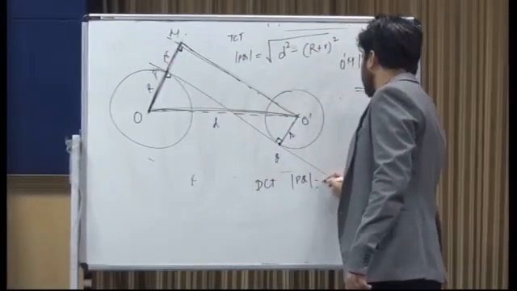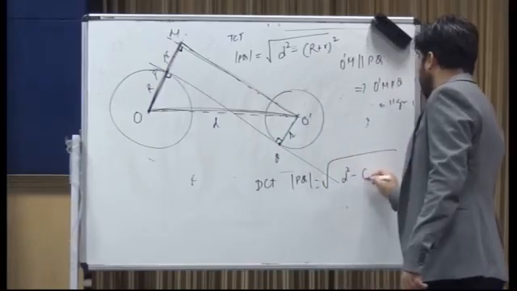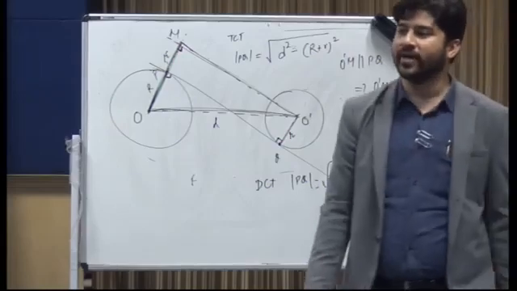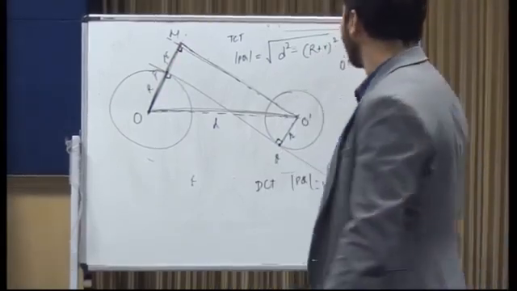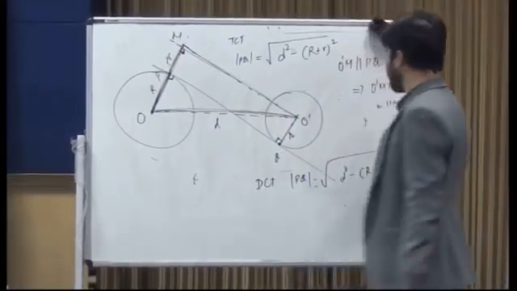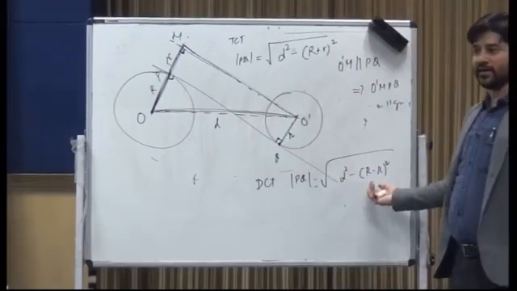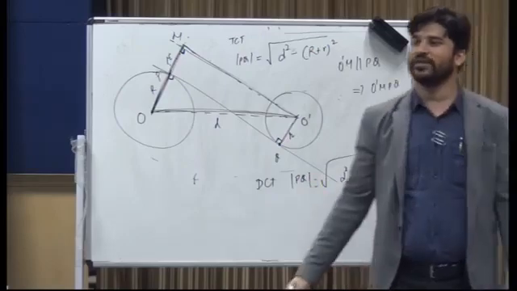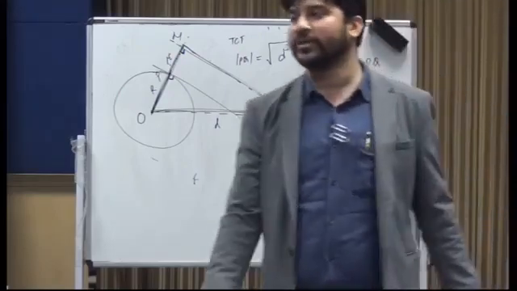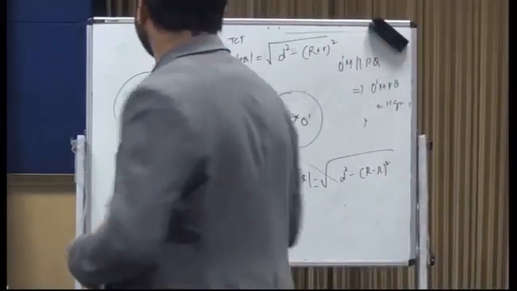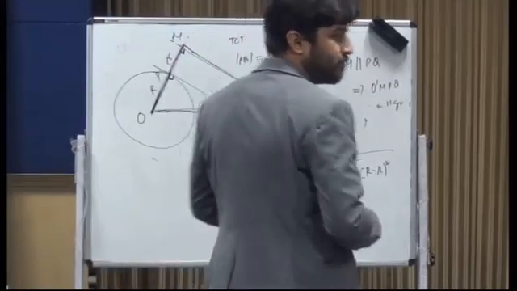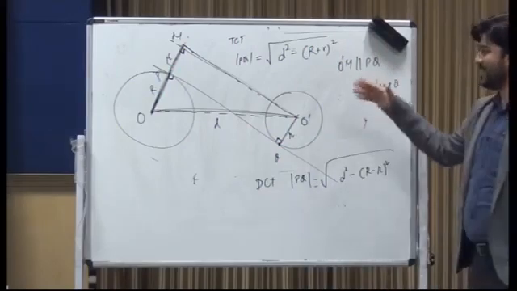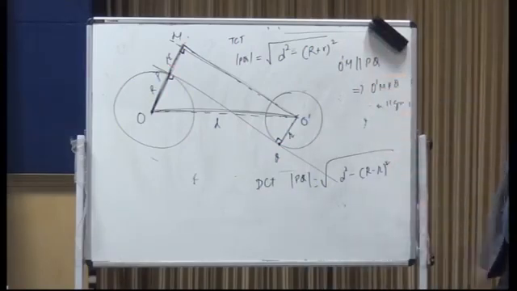Mod PQ is equal to, which is going to be longer? Direct. Why? Because R minus r is definitely smaller than R plus r, and a smaller amount is being subtracted from D. So definitely the length of DCT, that is direct common tangent, is going to be longer. Okay? So this is how we find.